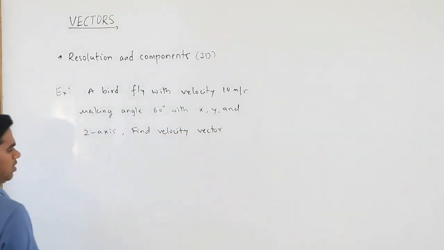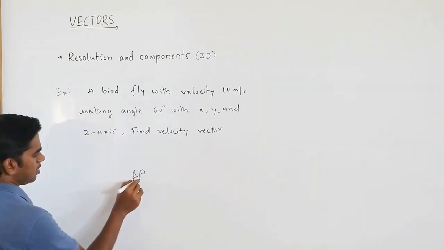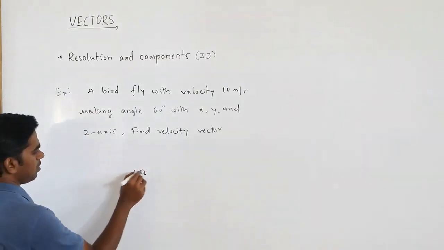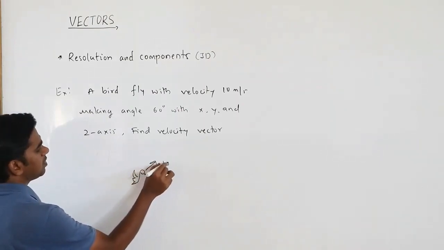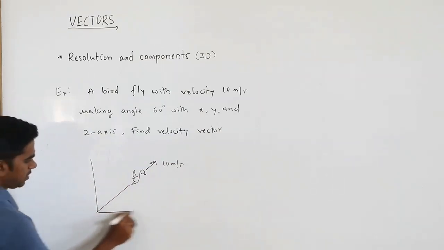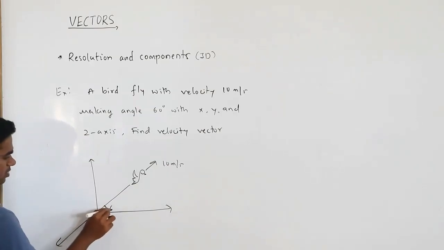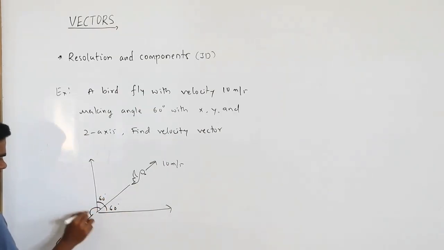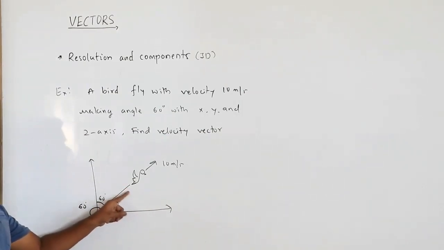Okay. What are they saying? They are saying a bird is flying with a velocity of say 10 meter per second. It's making an angle of 60 degrees with x, 60 degrees with y, 60 degrees with z.